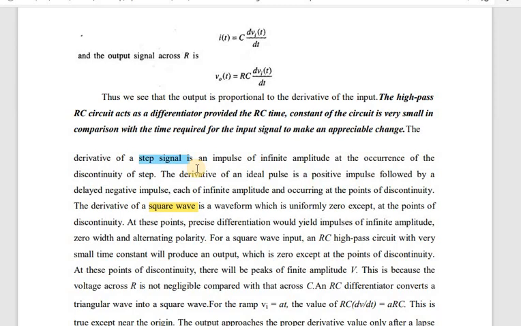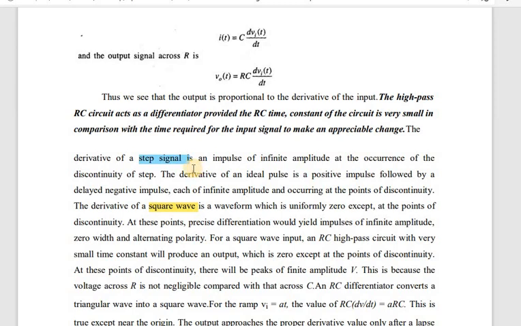You won't get a continuous step over here. So you will not get the proper output, because you will only get the ideal positive impulses followed by delayed negative impulses, also of infinite amplitude.